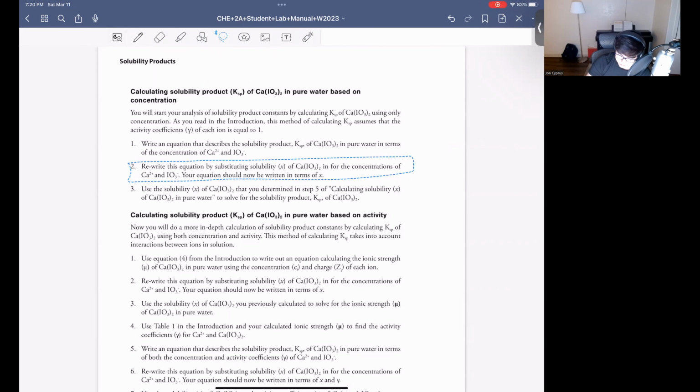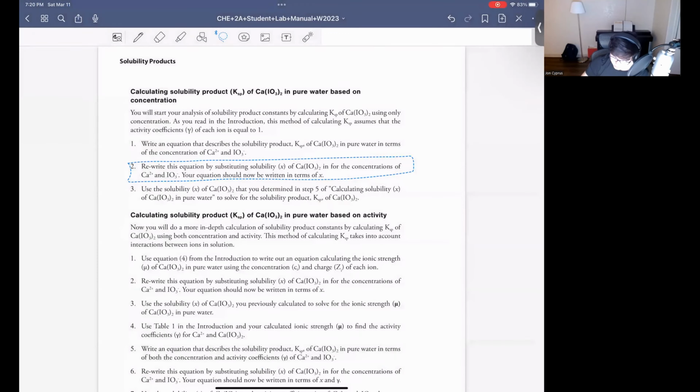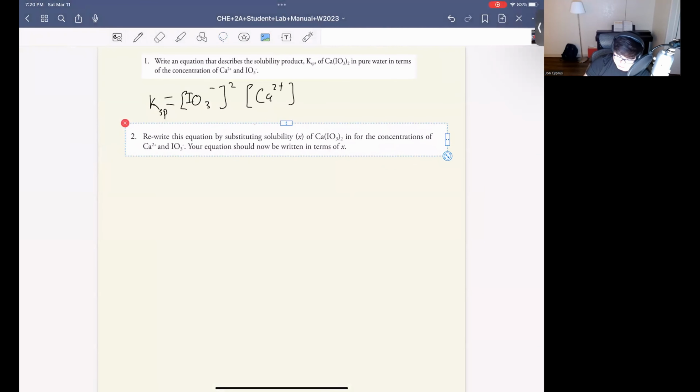Now it wants you to rewrite the equation in terms of these solubilities. In terms of X, all right, so for this KSP, I'm going to just write these in.